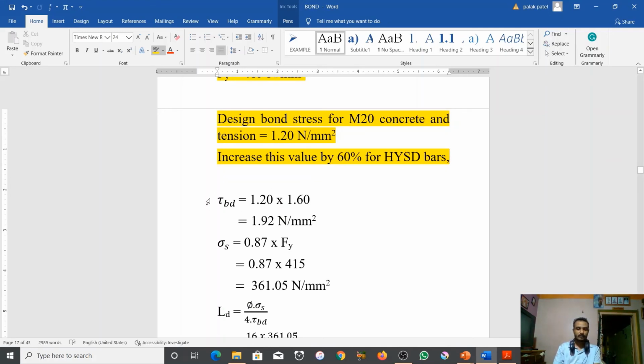So in this example, tau BD is equal to 1.2 into 1.6, because only the 60% increase for the HYSD bar applies. So tau BD is equal to 1.92 Newton per mm square.